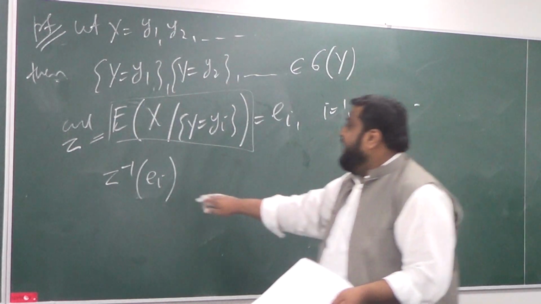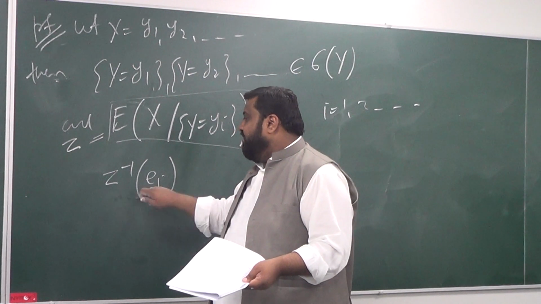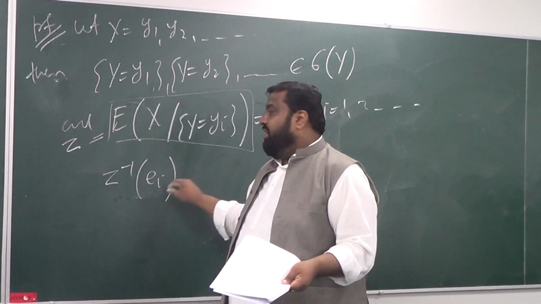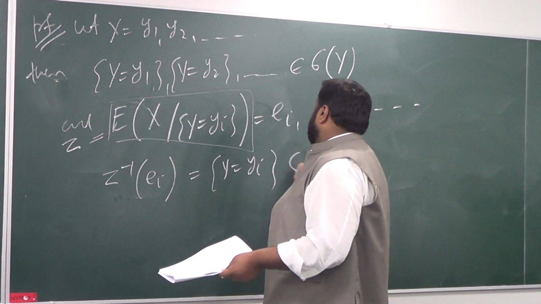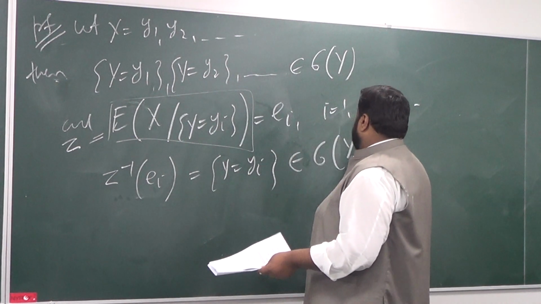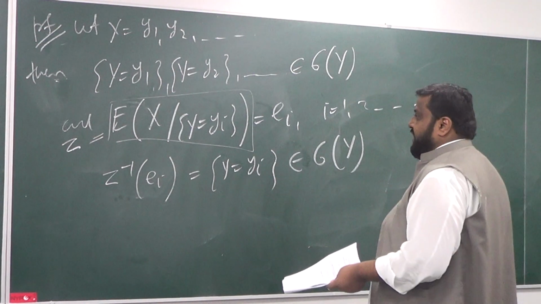In other words, the collection of the omegas for which you get value ei. So this is equal to y equal to yi, and this is already in sigma y. So we are done. So measurability is not an issue.